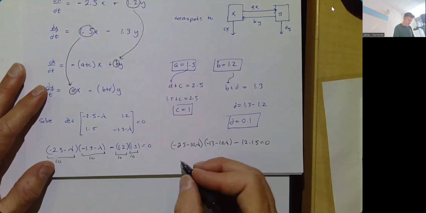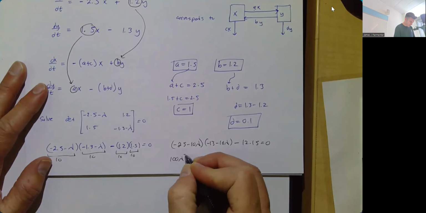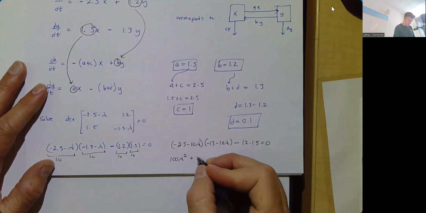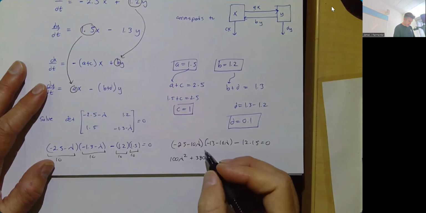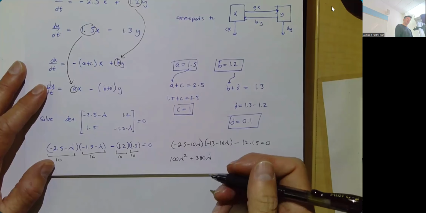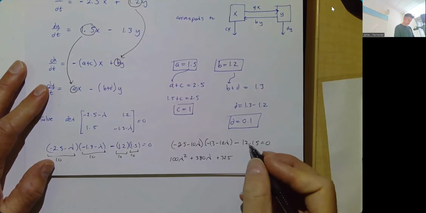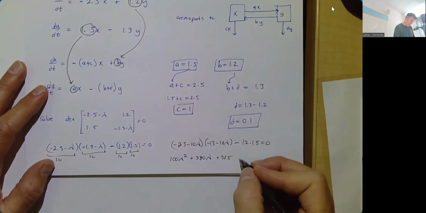So if I was multiplying this out, it's going to be 100 lambda squared plus 130 plus 250, which is plus 380 lambda. And then 25 times 13 is 325. And 12 times 15 is 180.